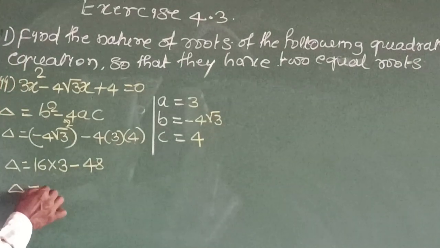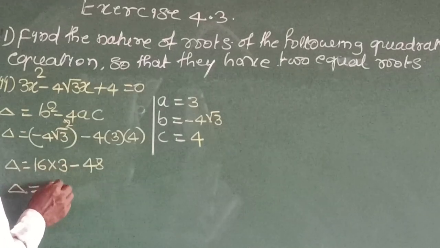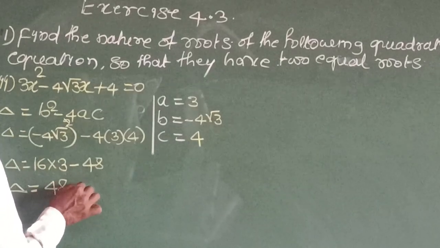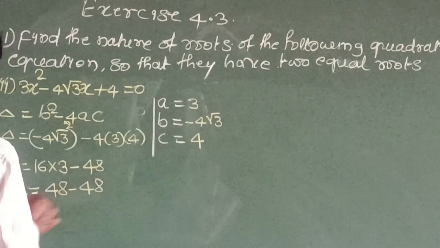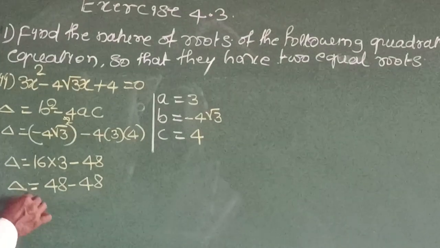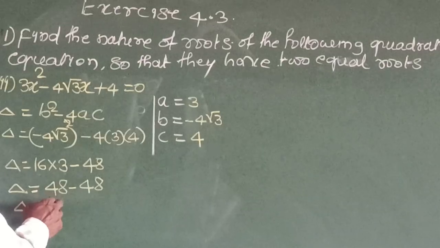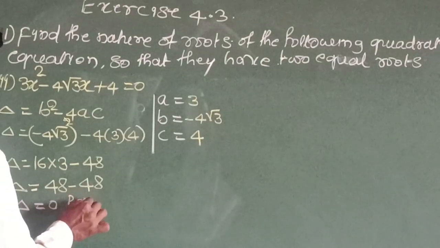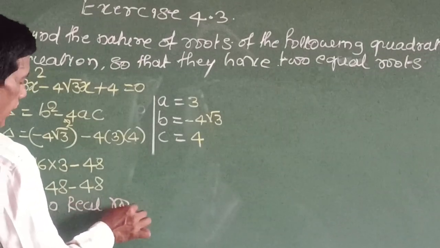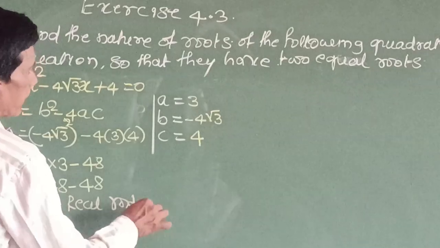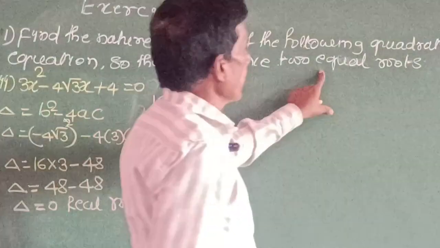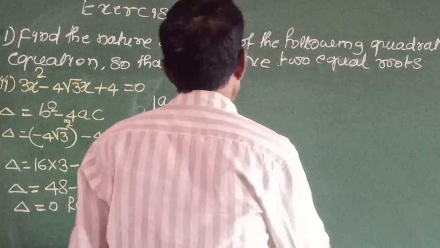Delta equal to 16 into 3, 48 minus 48. So delta equal to 0. So delta equal to 0 means real and equal roots, the two equal roots from the given question.